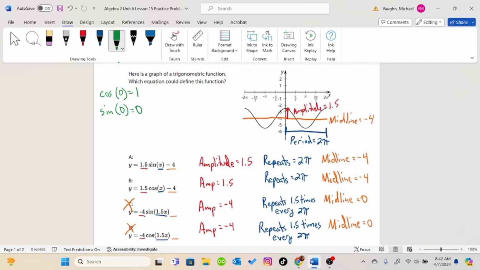If we shifted this midline back up to 0 and we changed the amplitude back to 1, we would not start at the origin. We would be going through y equals 1. So that means we have a cosine. So A is wrong and B is correct.